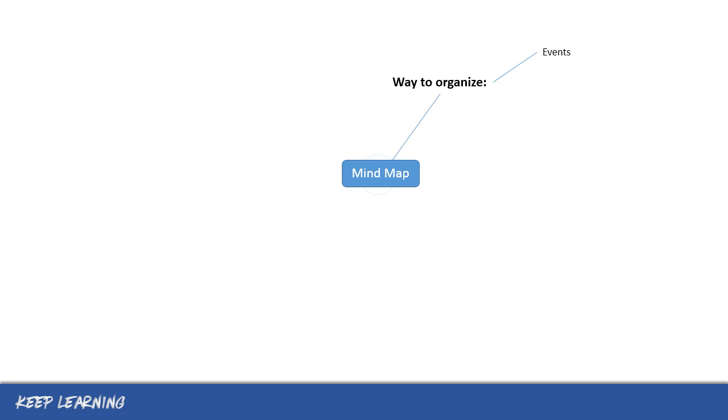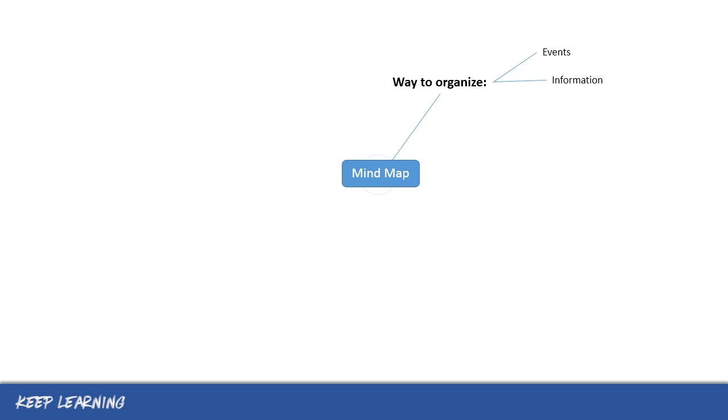So what I do is I organize everything that I have to do in this event, and I try to create the mind map so I can have a view of all the details and things that I have to keep ready, and I have to keep track. It works perfectly.